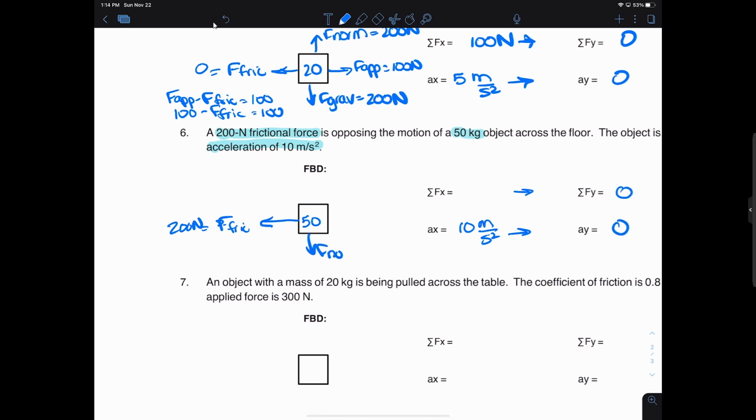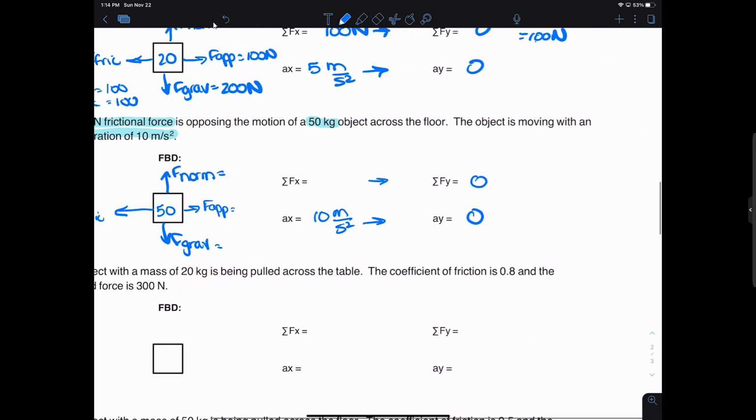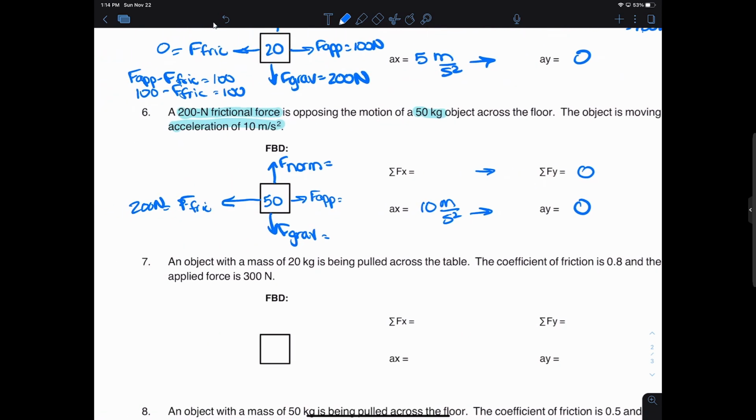So we have an F norm and an F gravity. It doesn't say there's an applied force, but I'm going to assume that there would be something keeping this moving. It could be like in the last problem where we solved for the friction and it ended up being 0, but I'm going to put it in there for right now just in case.